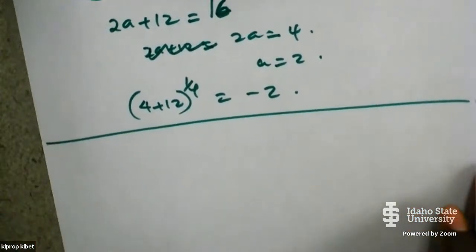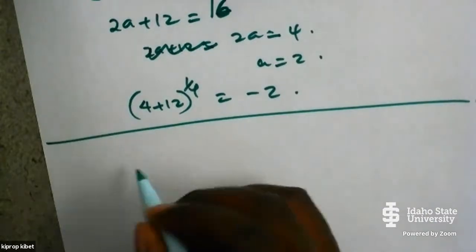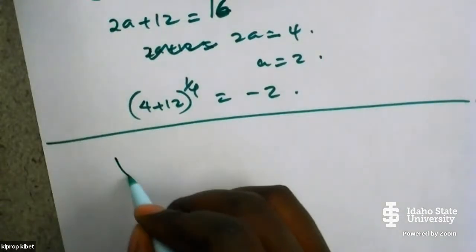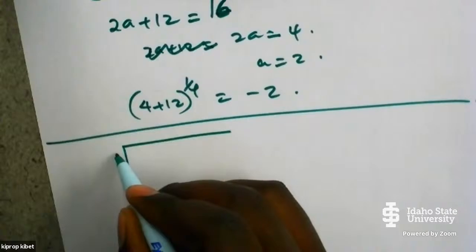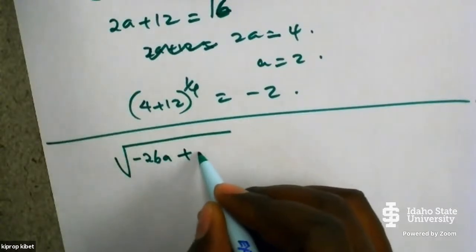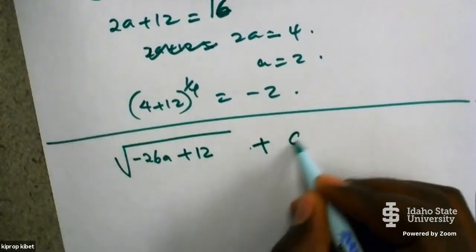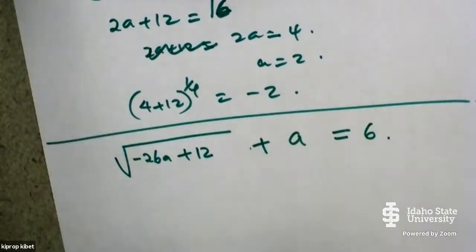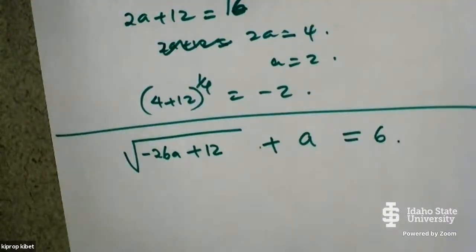All right, another example. The square root of minus 26a plus 12, plus a, equals 6.